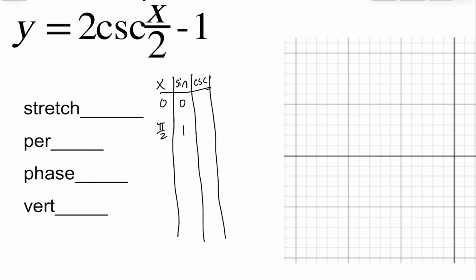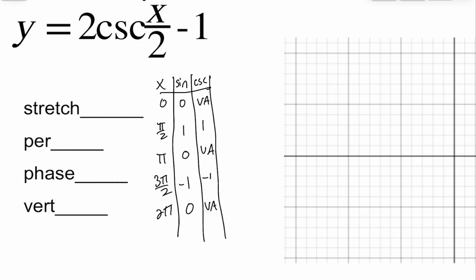Pi over 2 is at 1. Pi is at 0. 3 pi over 2 is at -1. And 2 pi is back at 0. So our cosecant is the reciprocal of the sine. So this is a vertical asymptote, 1, vertical asymptote, -1, vertical asymptote.